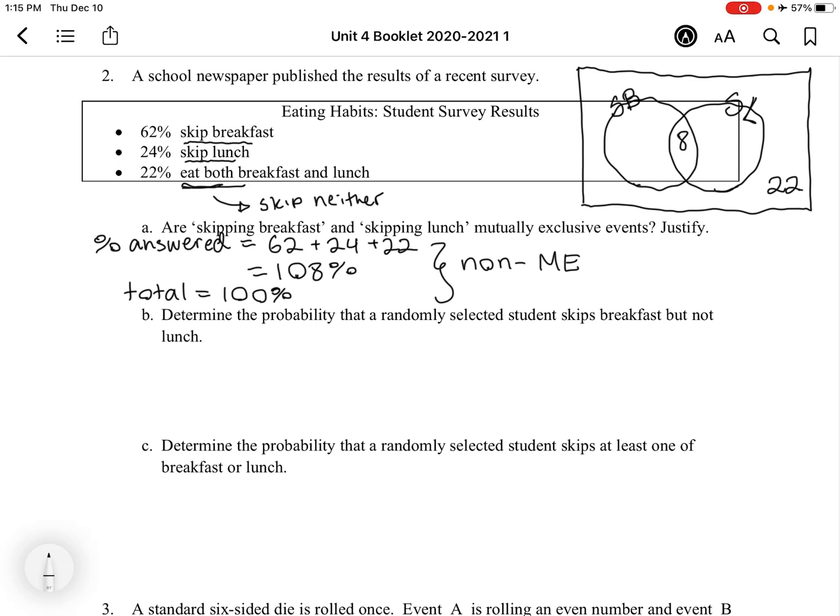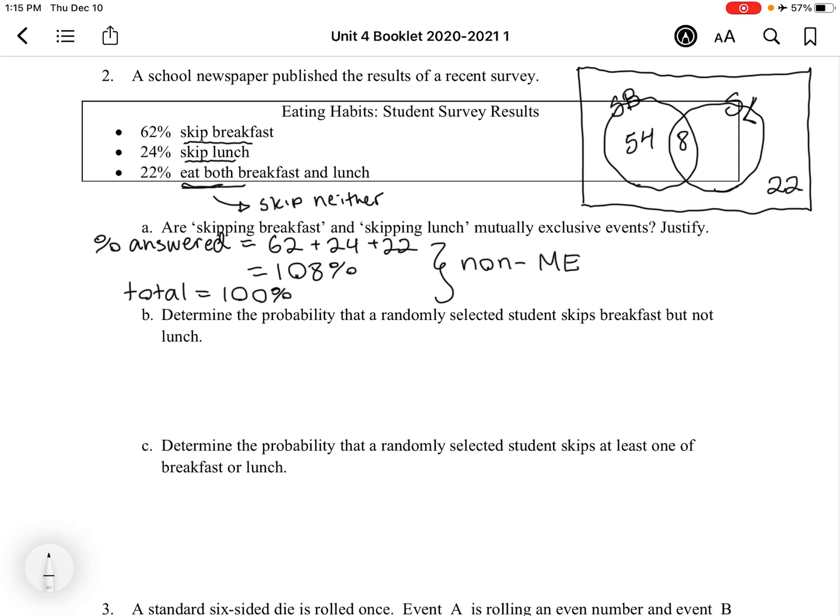And then the 22 on the outside are the people who eat both. That means they skip neither. Now if 62% skip breakfast, and I've already accounted for 8 of them, well, 62 minus 8 is 54. So this would be 54 because altogether now that adds up to 62.